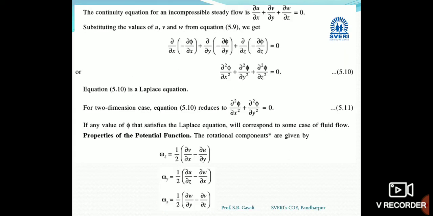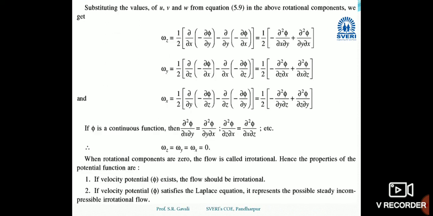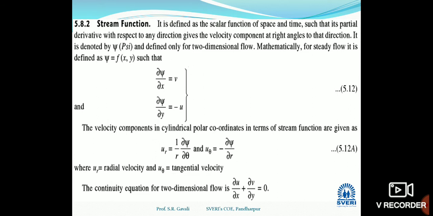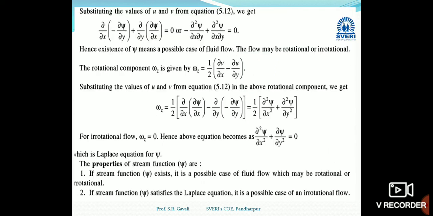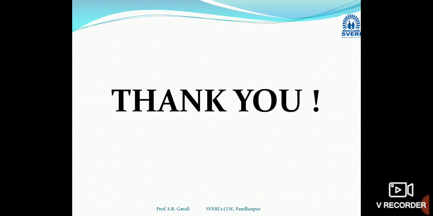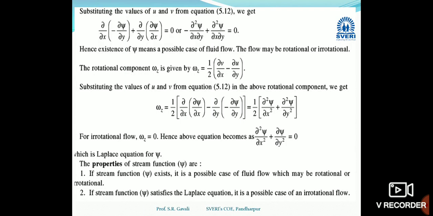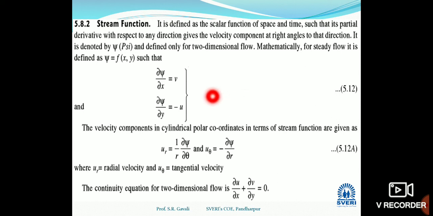Similarly, there is another function called the stream function. What is the stream function? The stream function is also a mathematical function. It is a scalar function of space and time such that the partial derivative with respect to any direction gives the velocity component at right angle to that direction.